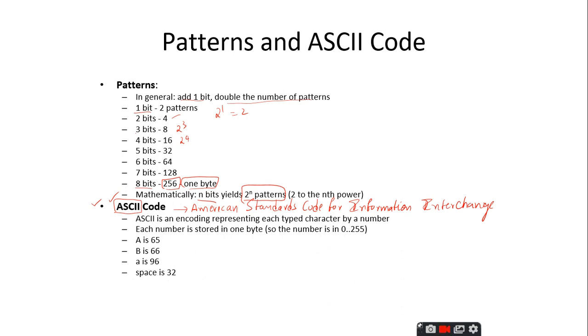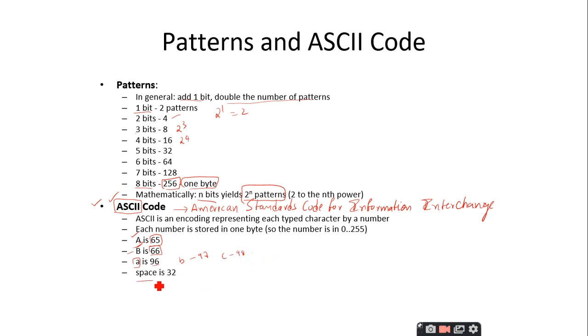So if somebody asks you what the ASCII code is, you can simply say that it is a number assigned to each and every character in the character set. For example, uppercase A, the capital letter A, is given an ASCII code of 65. B is given 66. Similarly, lowercase a is given 97, lowercase b is 98, lowercase c is 99, and so on for every character.